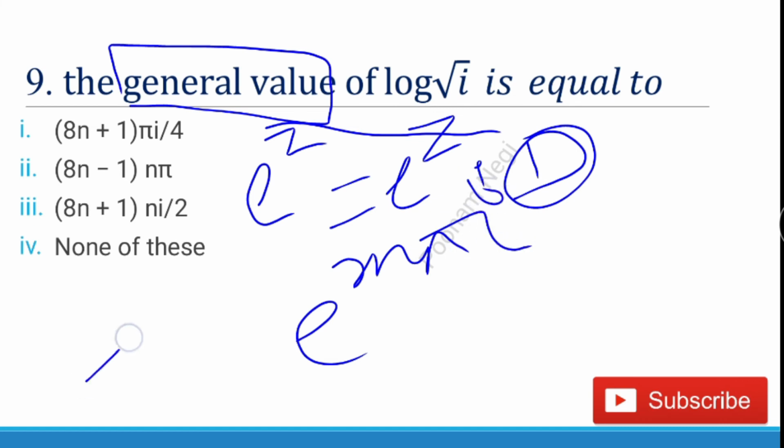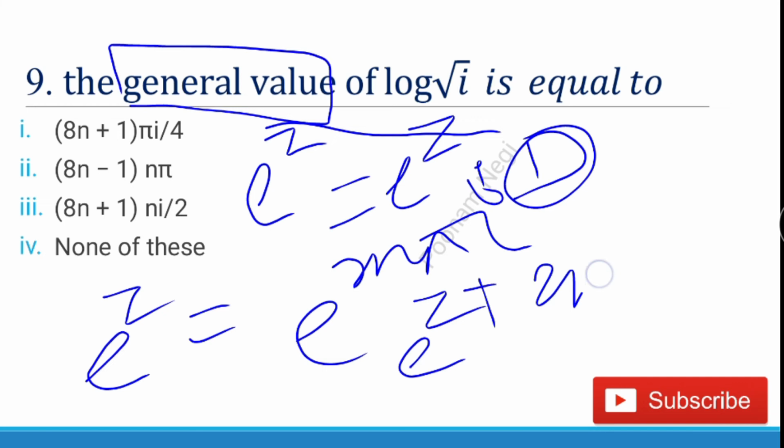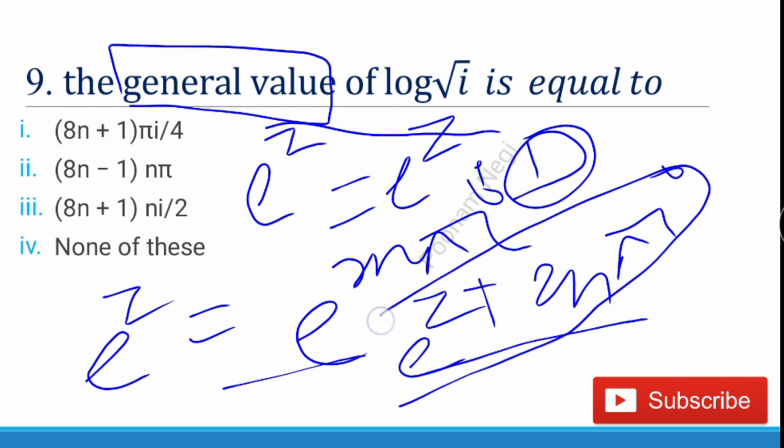It means e^z can be written as e^(z + 2nπi), so we are getting different values here, and that's why in the case of a complex number we have more than one value. By simply choosing this n, you will have many values for the same function.